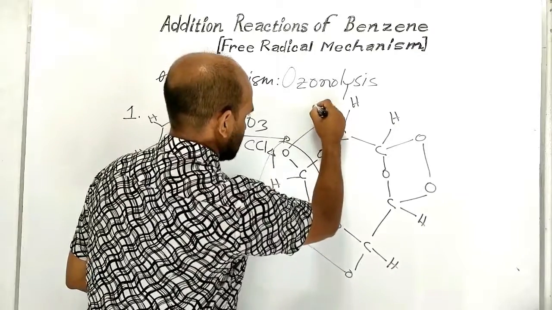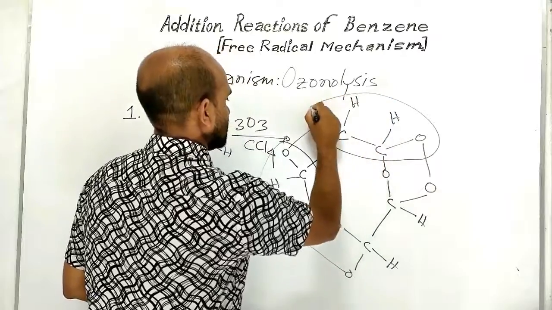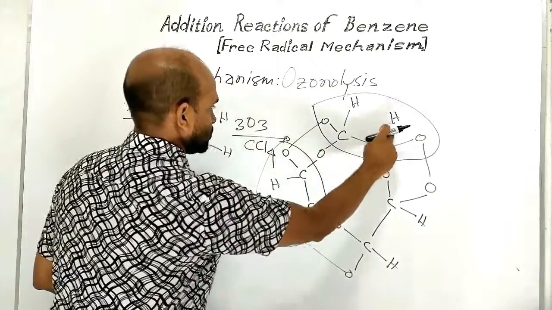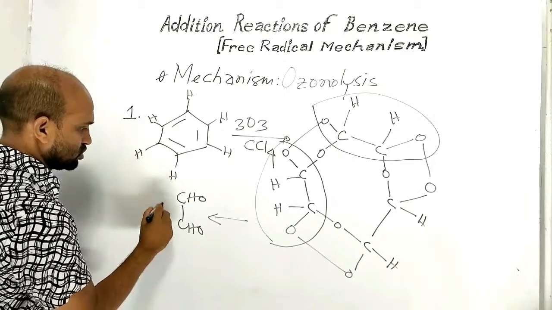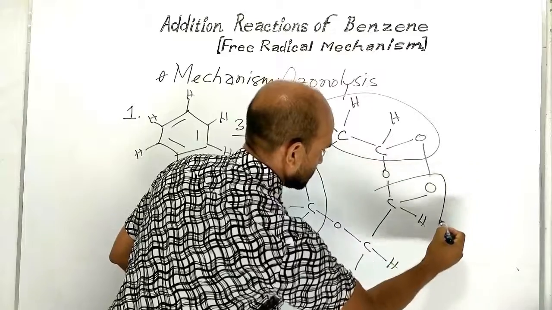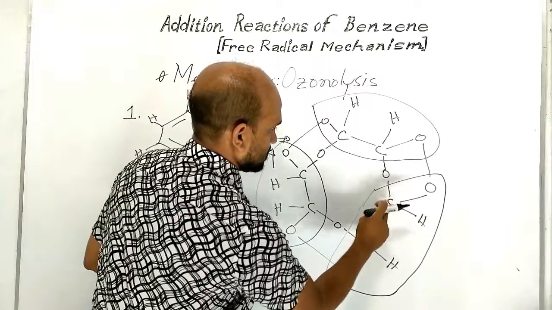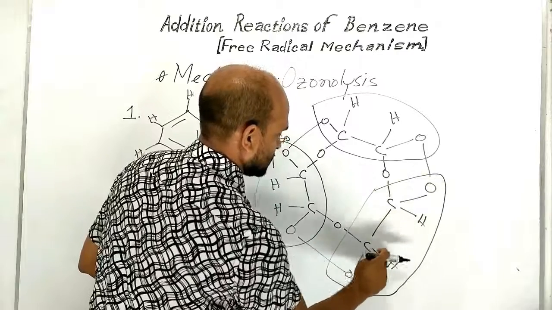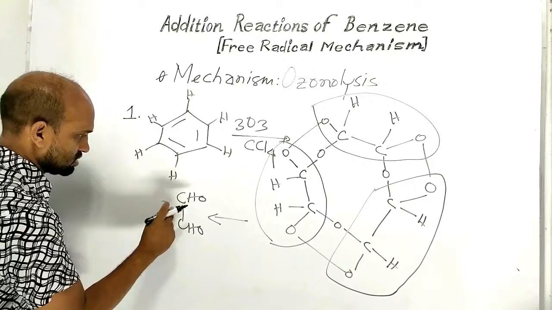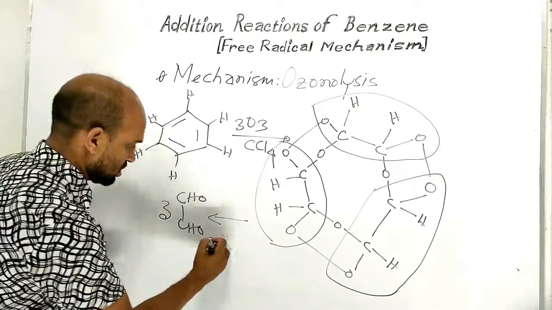Similarly, after breaking these bonds, we get another molecule of CHO, CHO, and another CHO, CHO. So total 3 CHO-CHO molecules, that is glyoxal.